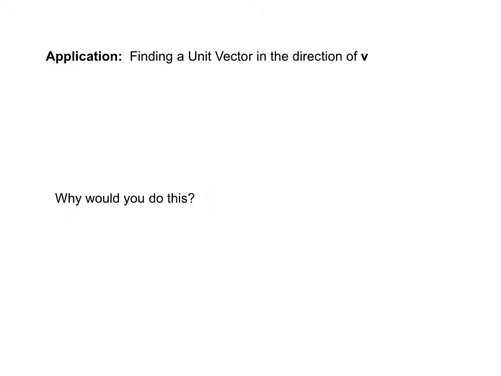Let's say we have some direction vector v, and let's say v is the vector 8, negative 15. What we want to do is find a unit vector. Now here's a definition that you need to make sure you know. What is a unit vector?